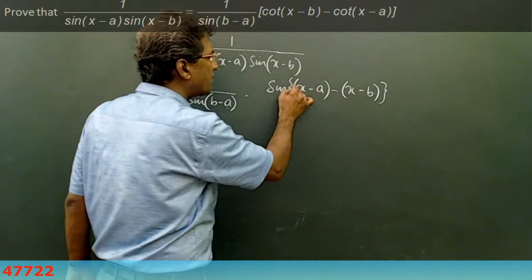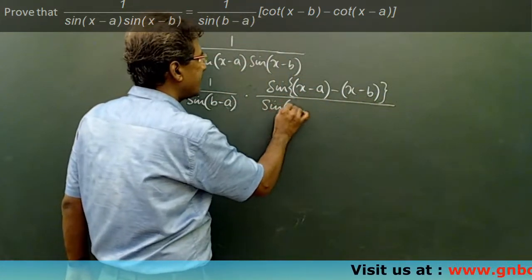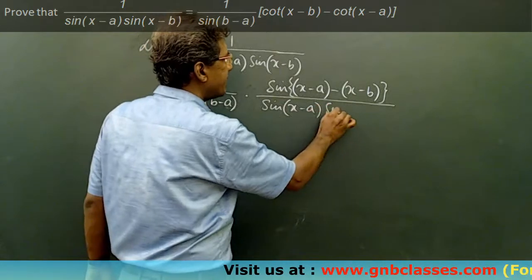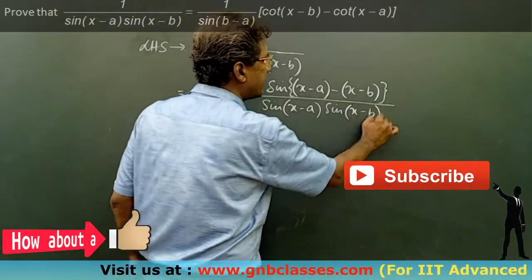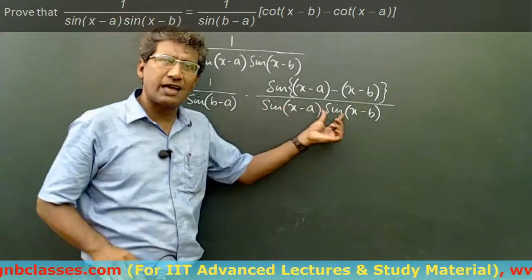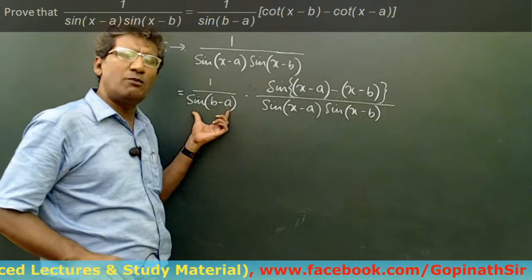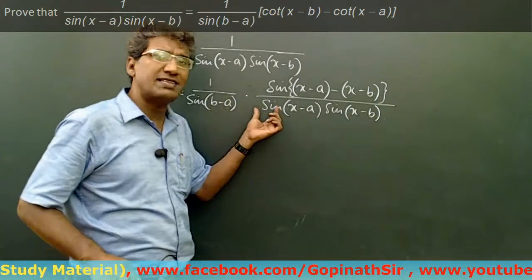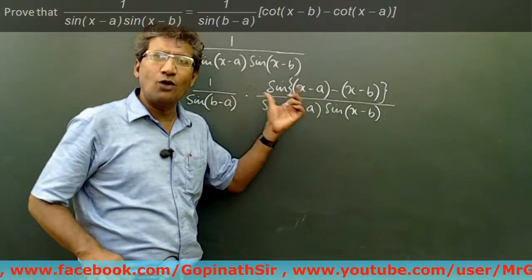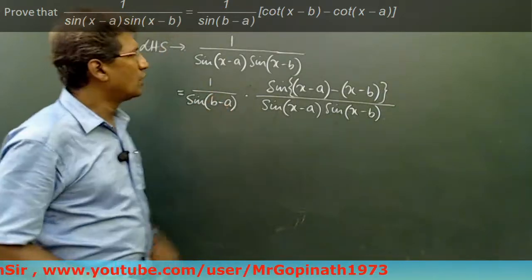See the style of writing the numerator, over sin(x minus a) sin(x minus b). Again I am mentioning, remember it very carefully. If there is a product of sine sine or cos cos, always take sine in the denominator. But if there is sine and cos over here, then always take cos in the denominator. Is it clear now? Okay.